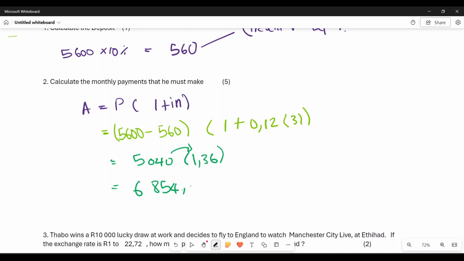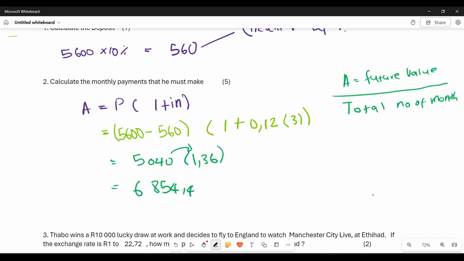The amount that this person needs to pay is 6,854.4. But remember, we're calculating the monthly payments. So if this is the total, I need to divide it. To calculate your monthly payment, you take your A, your future value, and divide it by your total number of months. From there, you get your monthly payments.